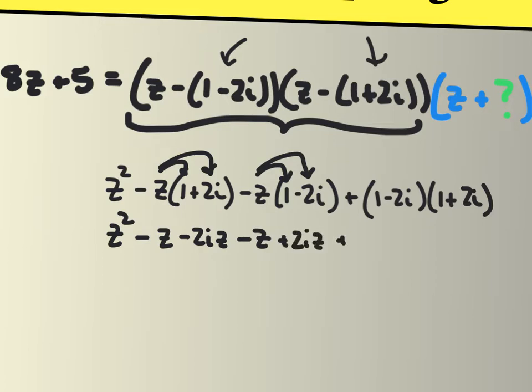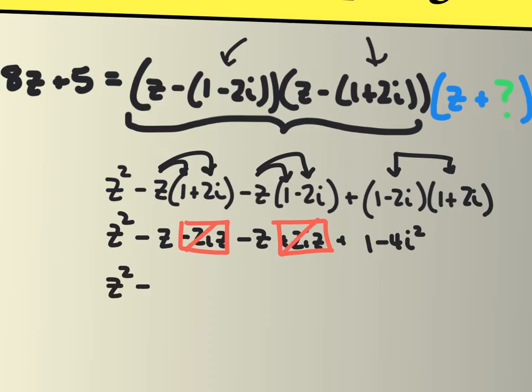And then I FOIL this over here. Now they're conjugates, so I don't really have to FOIL. I'm just going to take 1 minus 4i squared. Okay, so let's clean some things up here. I got a minus 2iz and I got a plus 2iz. Those are gone. I got a z squared minus, looks like 2z. And this right here evaluates to 5.